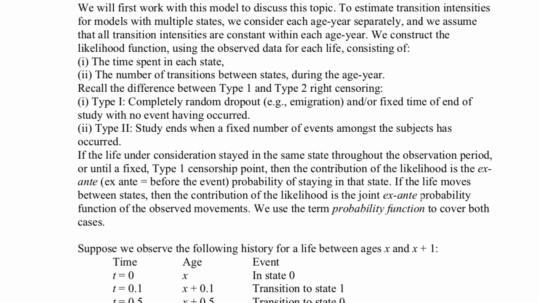We construct a likelihood function using the observed data for each life, consisting of the time spent in each state and the number of transitions between states during the age year. And remember how you construct the likelihood function. You take the probability density function and evaluate it at the data points that you have. You assume that you know what the probability density function or the probability function is.